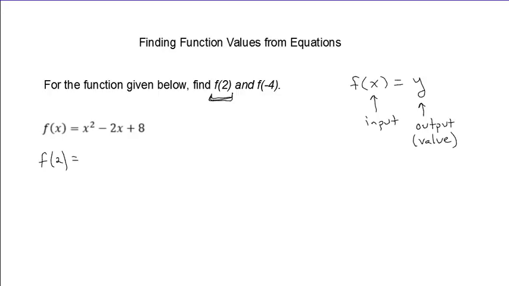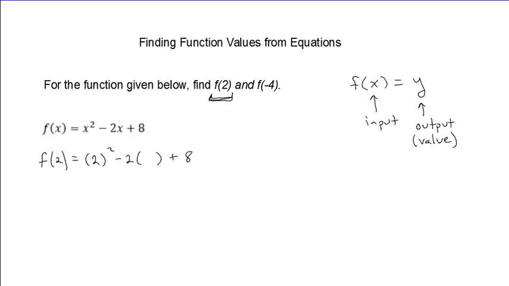So I have x squared, so I put parentheses squared, minus 2 times x, so 2 times parentheses, plus 8. The reason for this is because sometimes you're going to plug in a negative value. It's great to have a place to put it. As you get more advanced in your algebra, you're going to plug in binomials or even other functions, believe it or not. And so having a space designated for that is really helpful.